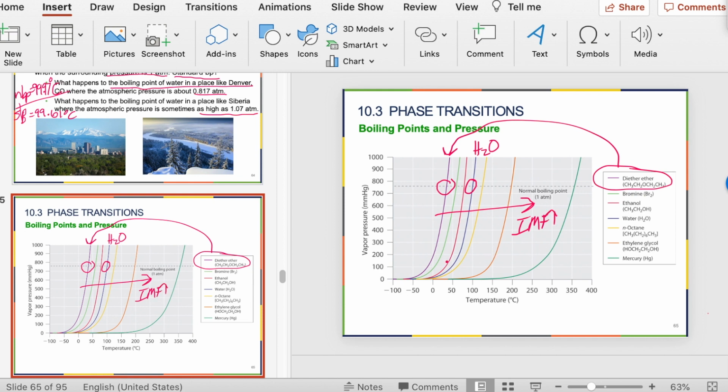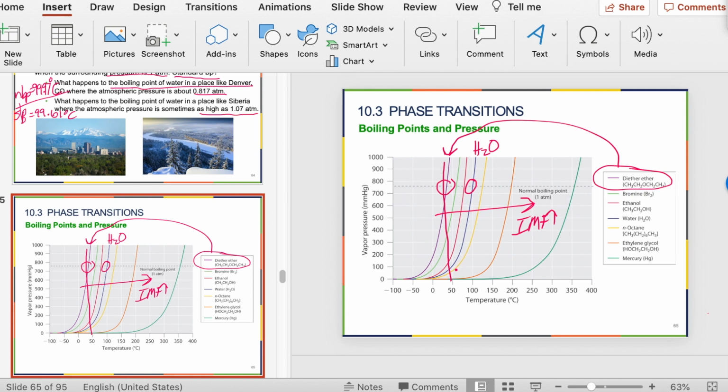Okay, and when we compare vapor pressure, we're saying at a constant temperature. So that's not a very vertical line, but as you know, pick a temperature, and this curve right here, it looks like n-octane.